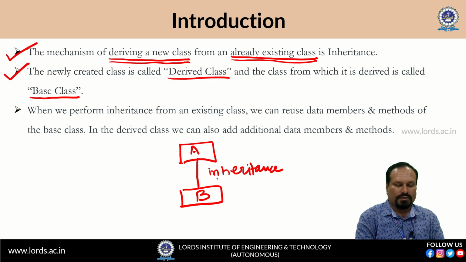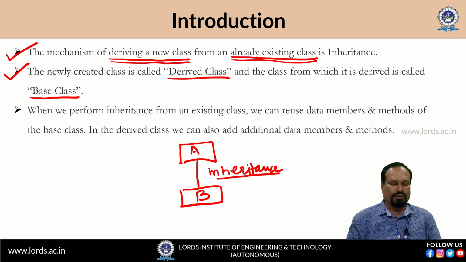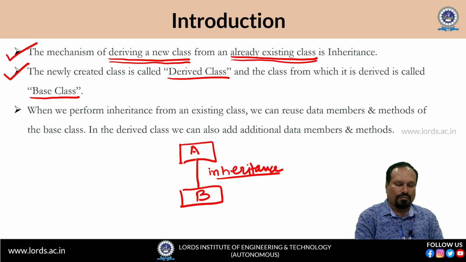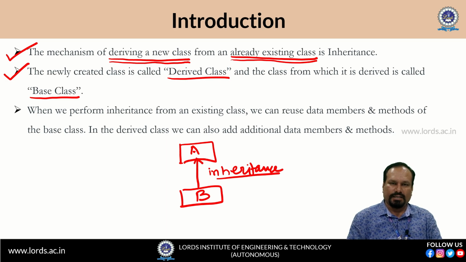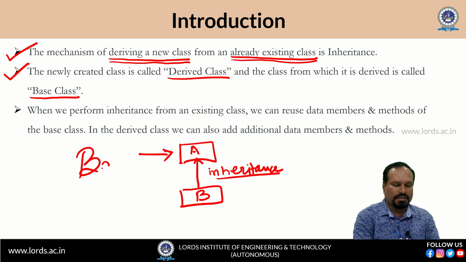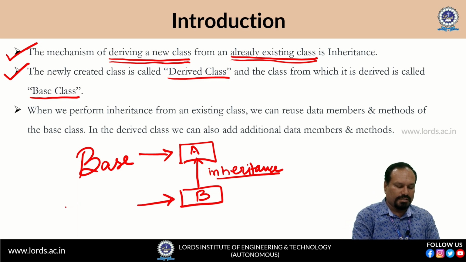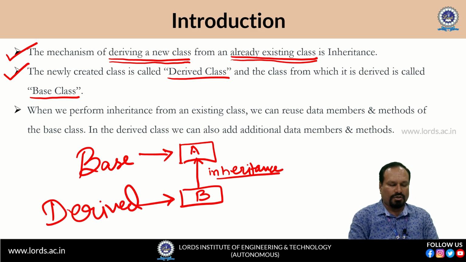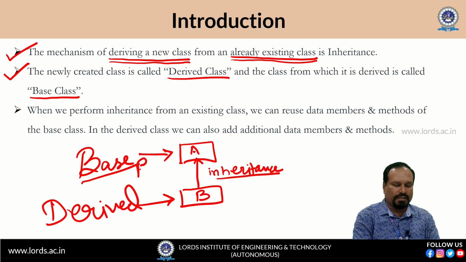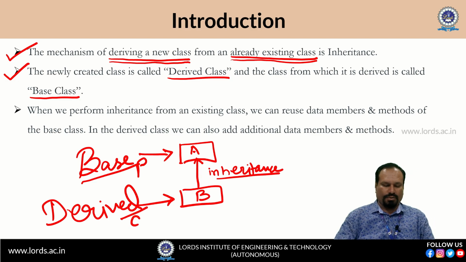Don't write the word inheritance while working with the code; it is only for you to understand. Class A is the base class, and the newly created class B is the derived class. We can also call them parent class and child class, respectively, for base class and derived class.